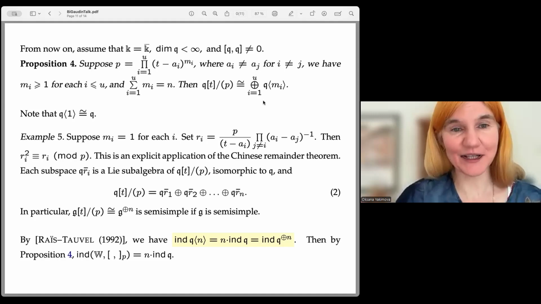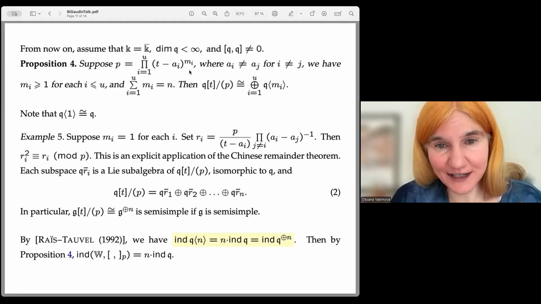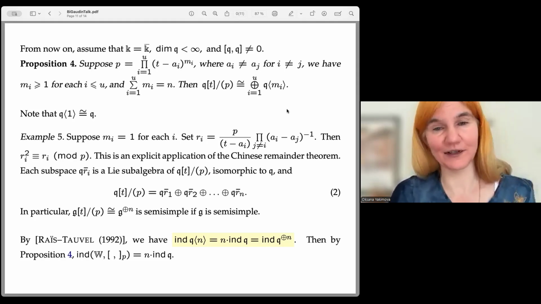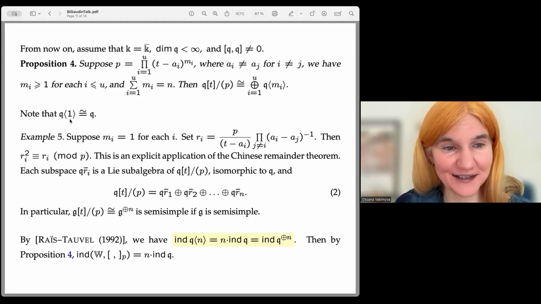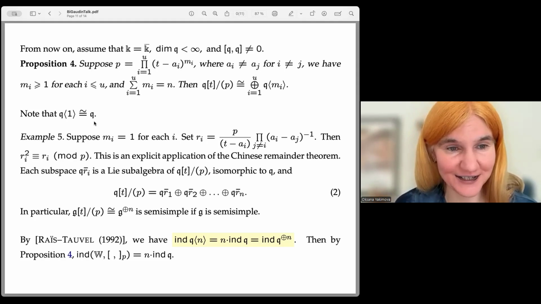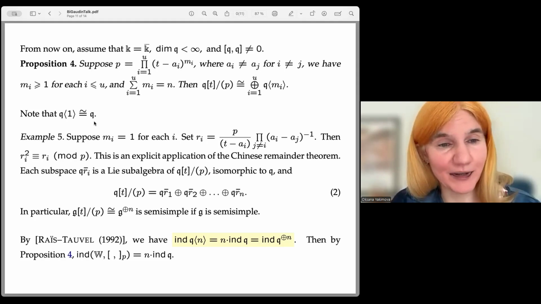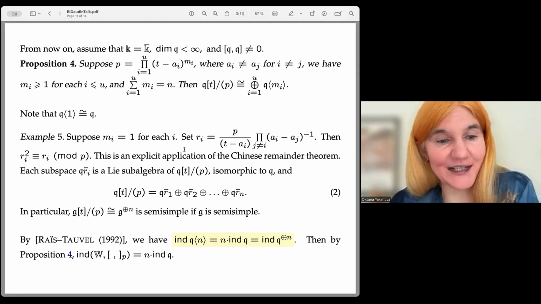And then again, in a particular case, when all roots of a polynomial are pairwise distinct, we will get a direct sum of n copies of Q, because the Takiff Lie algebra corresponding to 1 is just isomorphic to Q. So actually we can write them explicitly, as you see in this example.